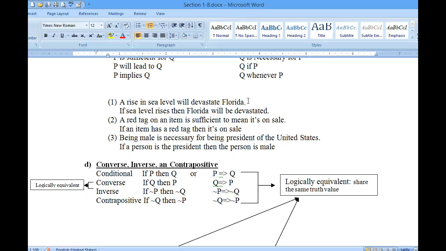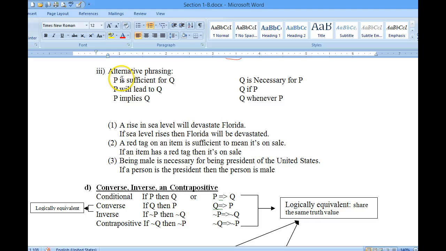The second example, a red tag on an item is sufficient to mean it's on sale. So if we come up here, remember sufficient, we have P first, then the conclusion. So we can say if an item has a red tag, then it's on sale.